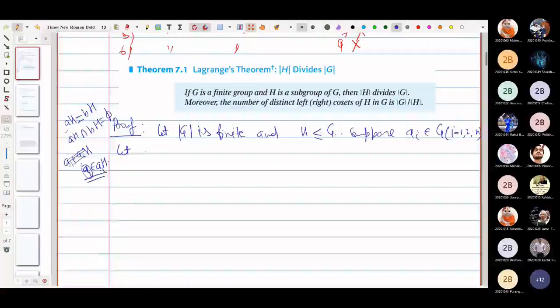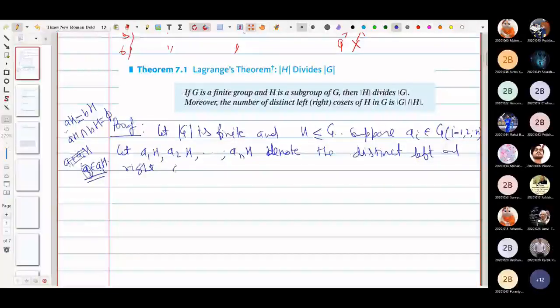So without loss of generality, we can assume that a_1H, a_2H, and a_nH denote the distinct left and right cosets.